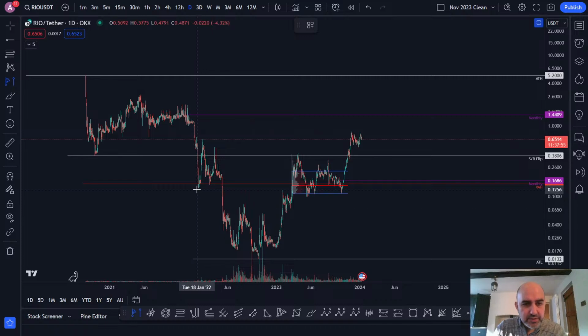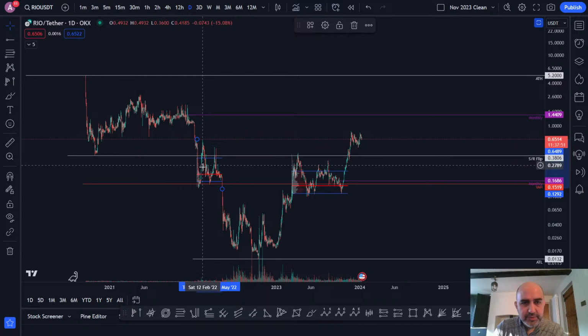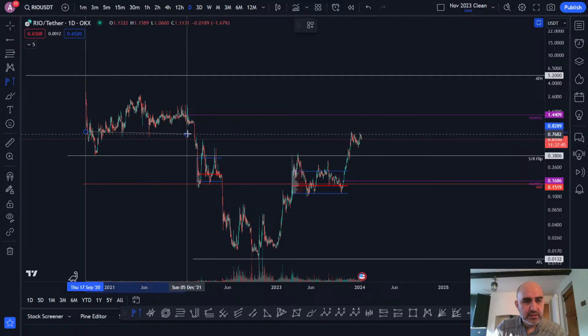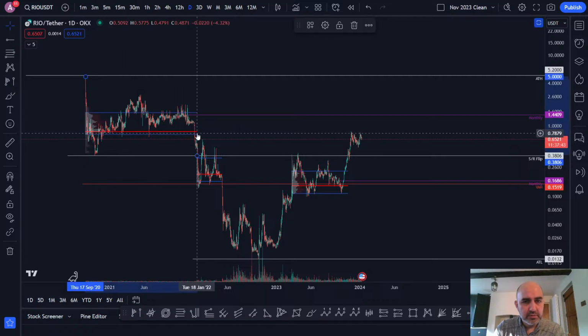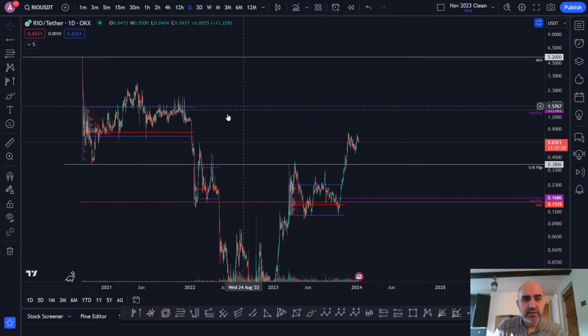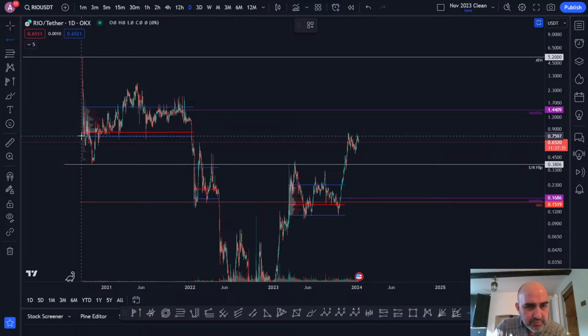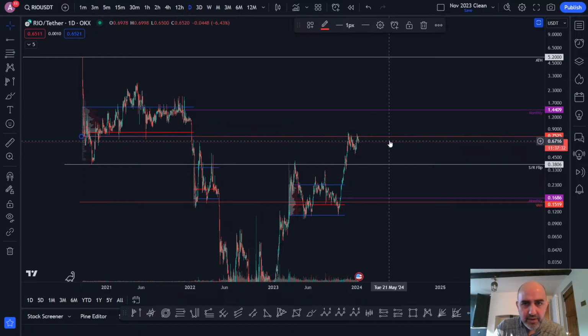Let me see this range here, roughly. It's a little bit higher. And then you've got this previous range here. So that's quite interesting. Look, you see that? We're coming up to the previous range value area low.